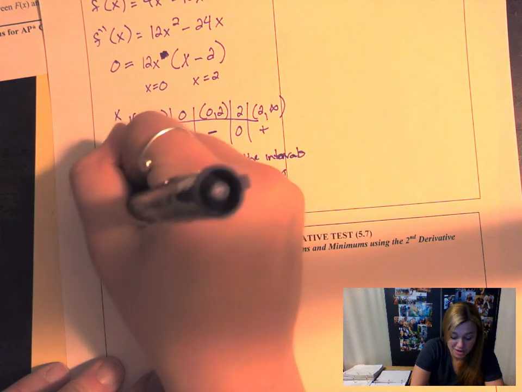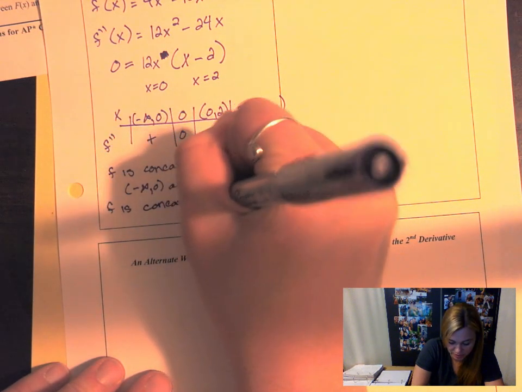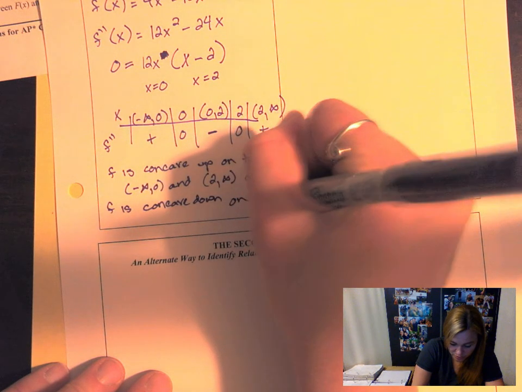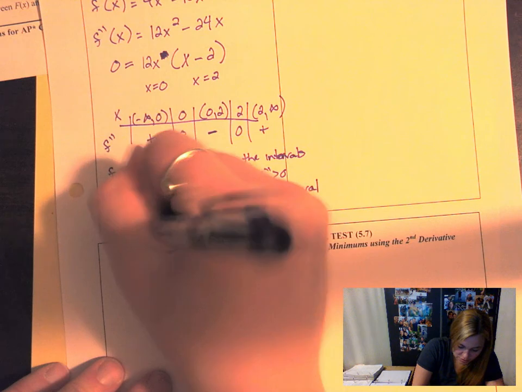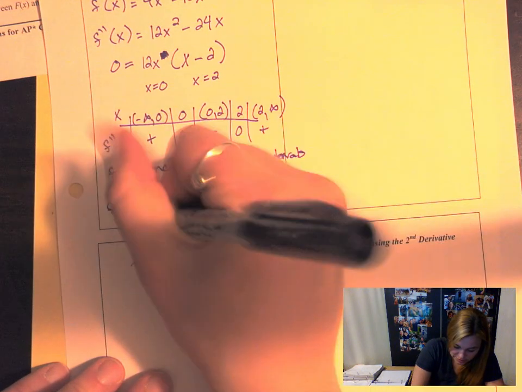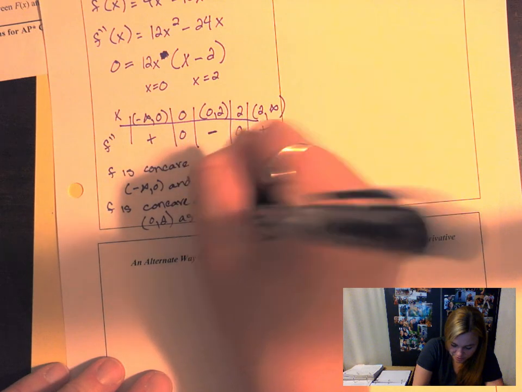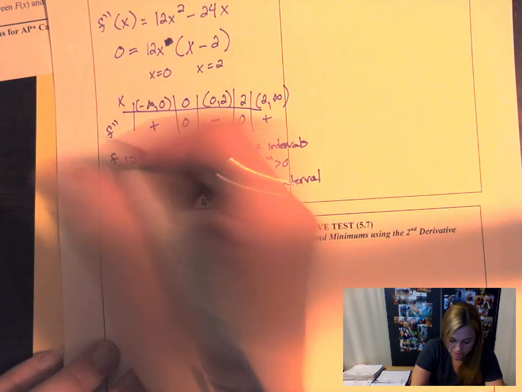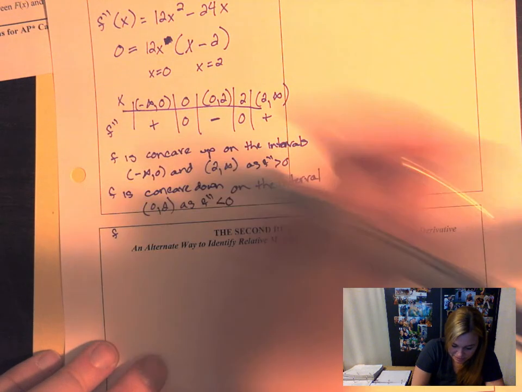F is concave down. You can see how similar this is to before. On the interval 0 to 2 as f double prime is less than 0.